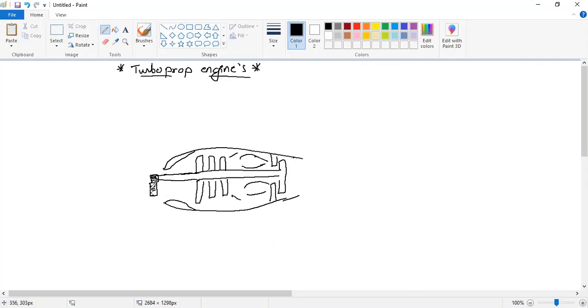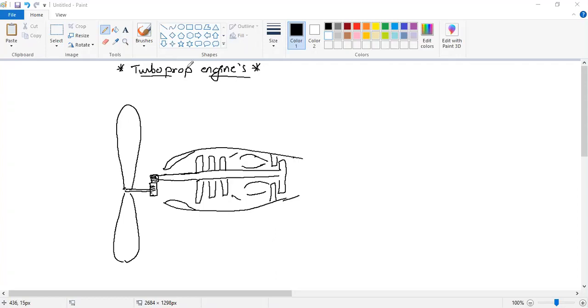So we can have a reduction gear here, and in the front, we can install a propeller like this. Such type of engine are called as turboprop engine. The name itself suggests turbine engine plus propeller is called as a turboprop engine.